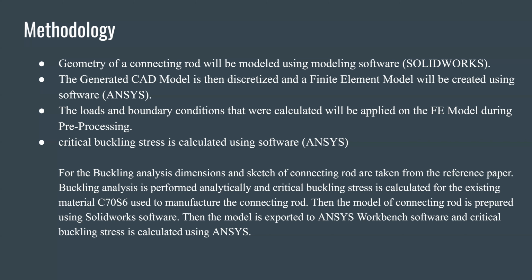Normally, for manufacturing the connecting rod, they use C70 steel material. Here we have used structural steel to do the buckling analysis, and we calculated the critical buckling stress using ANSYS.